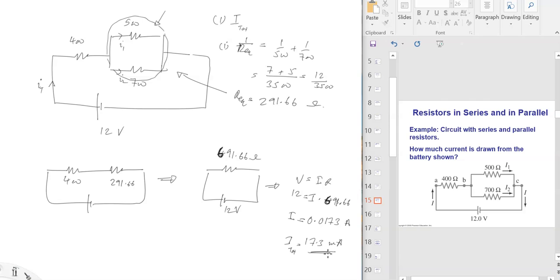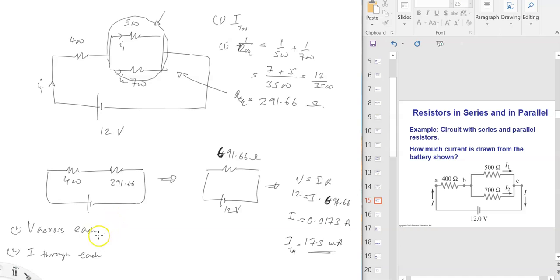So the other things I can ask here is, what is the voltage across each resistor, and the current through each resistor?